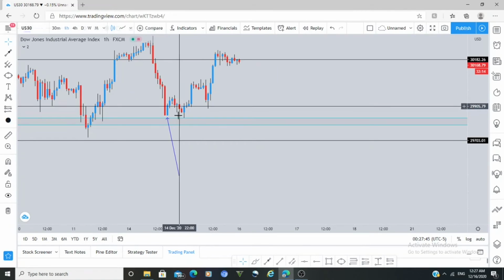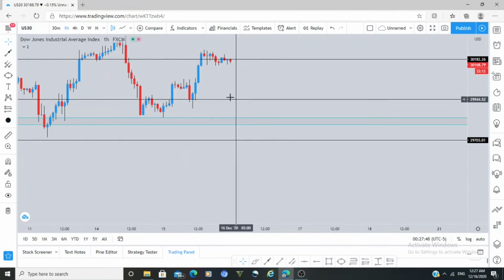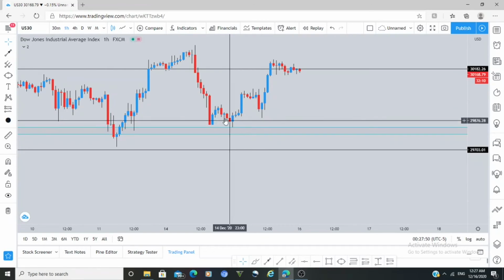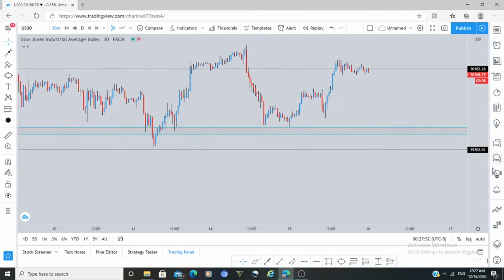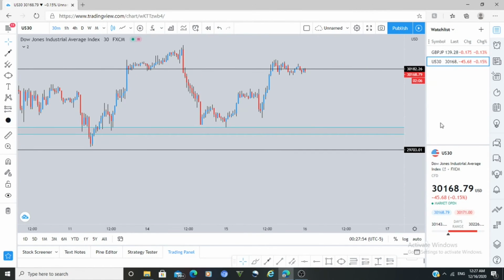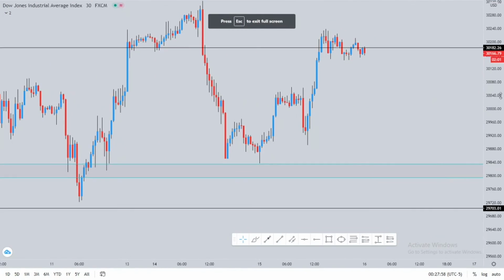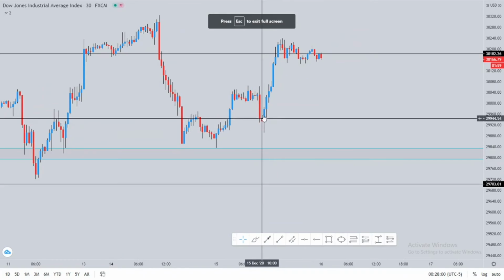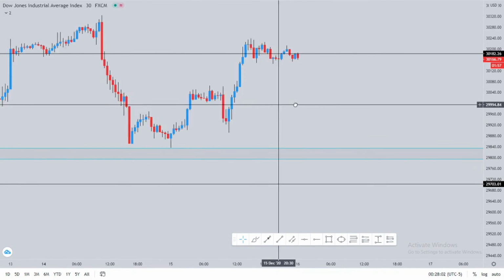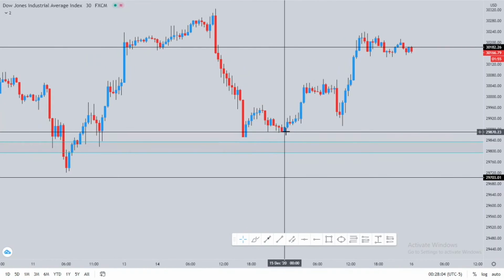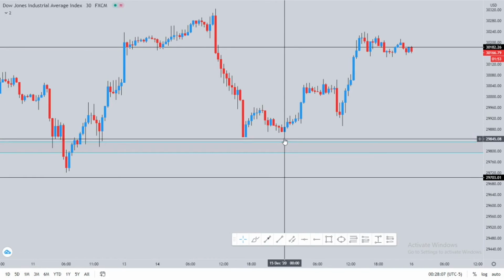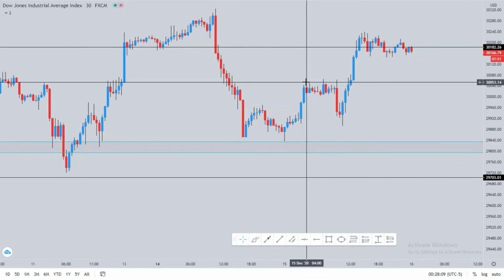So when I'm looking for my entries, the first thing I see is that price did reject, like I said, going into minute 30. After seeing that price was rejecting this level right here, I saw that it was slowly climbing up.